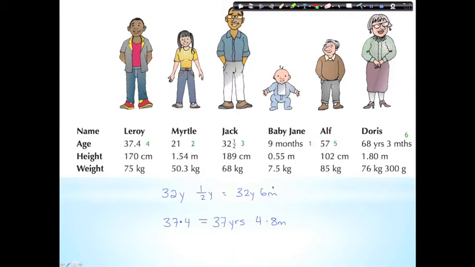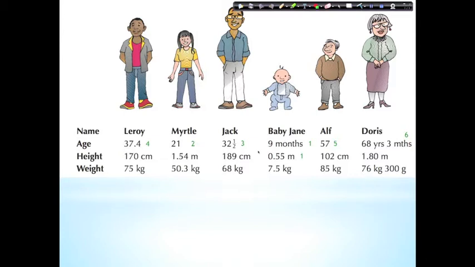For the next one, you're going to put them in order from smallest to tallest for their height. Okay, so put them in order from smallest to tallest. Okay, so the first one is obviously going to be Baby Jane, who's 0.55 metres.